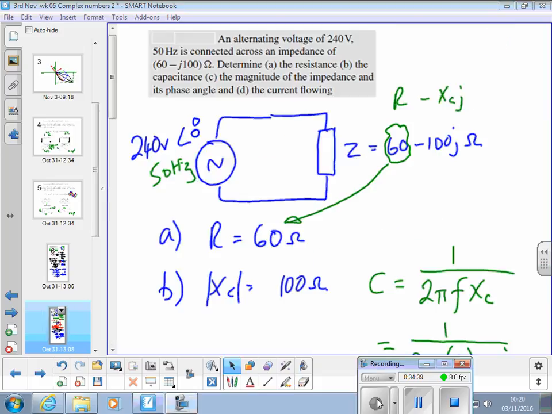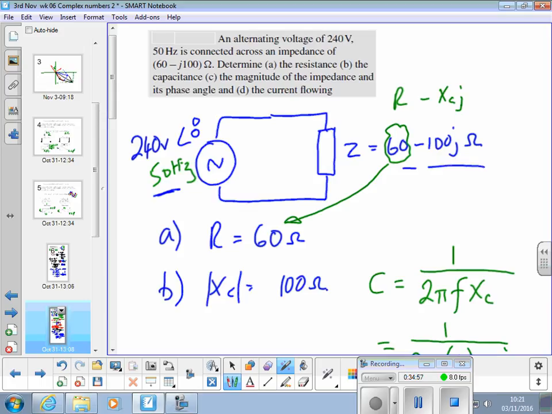Sum that whole question up for the video. We've got 240 volts at angle 0, at 50 hertz, applied to an impedance that has been given in rectangular form.